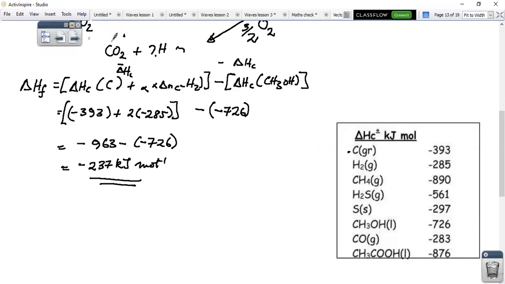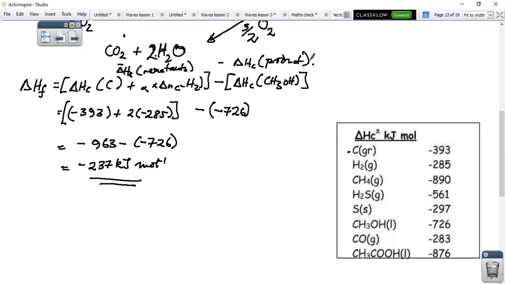Okay. Two H2O, okay, and then it's a delta HC. These are the reactants minus delta HC, and this is the product. Yeah. Okay, righty.